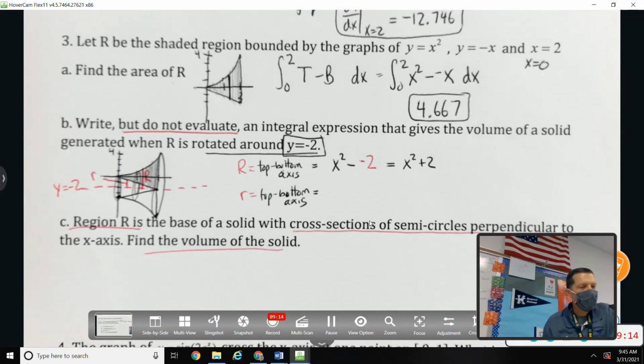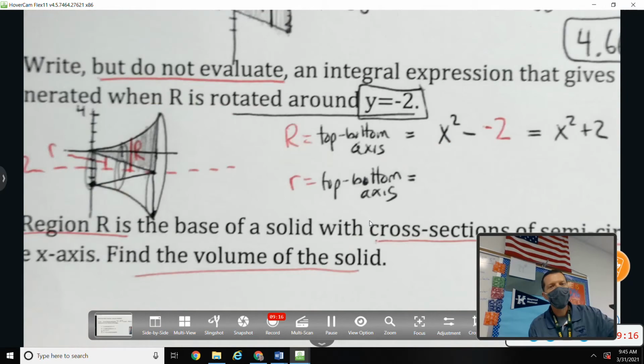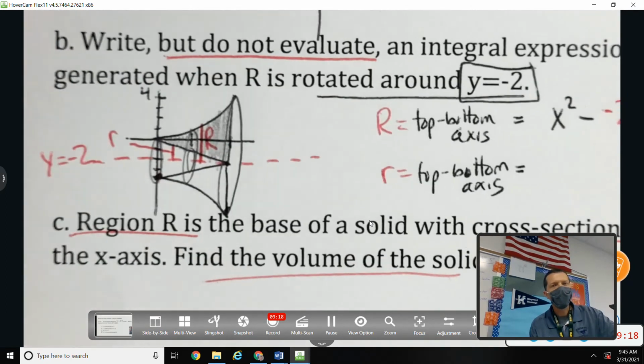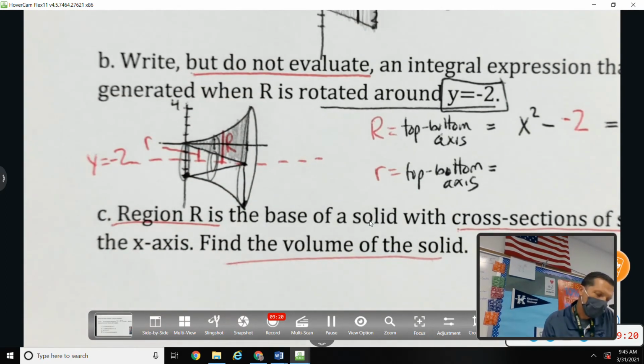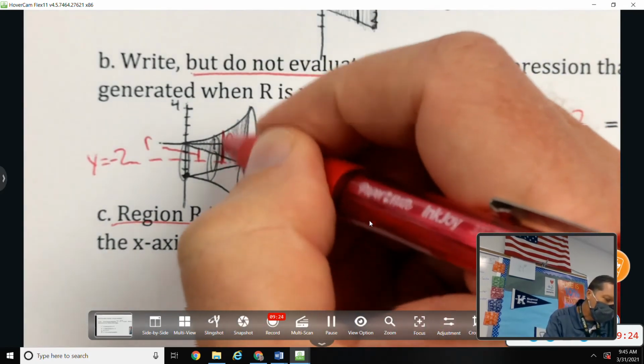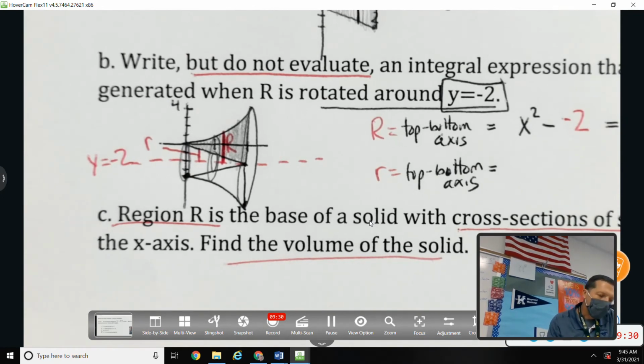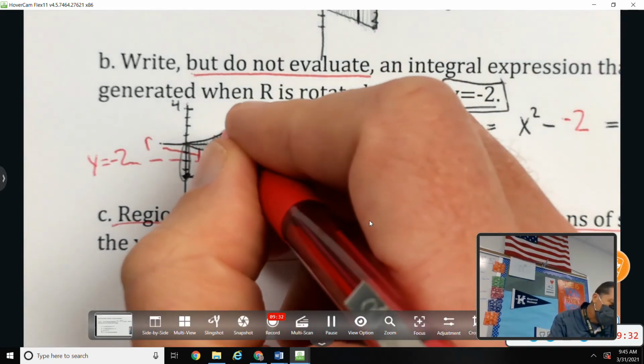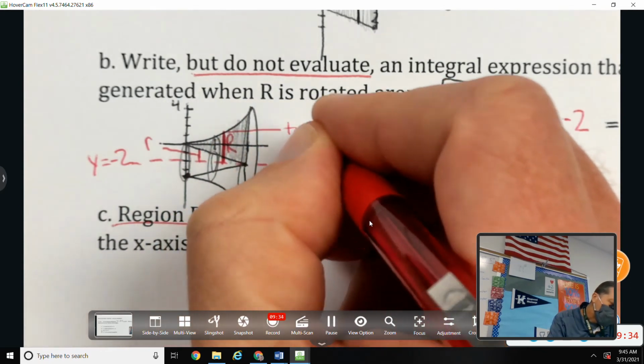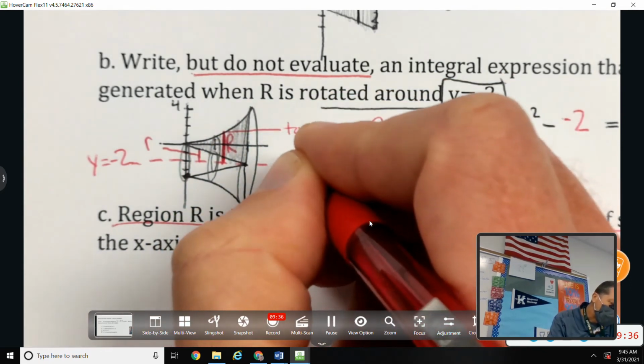Go over that more? Yeah. Let's go to a crazy zoom level here. So I want to find, you're good with this being big R, the outside radius. So I want to measure from the top to the axis.